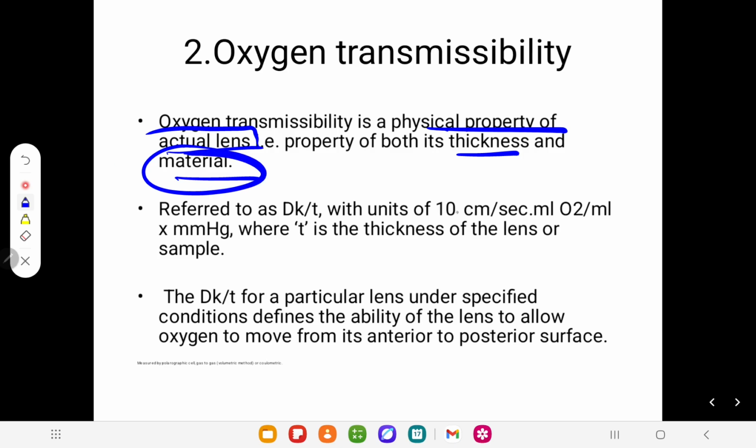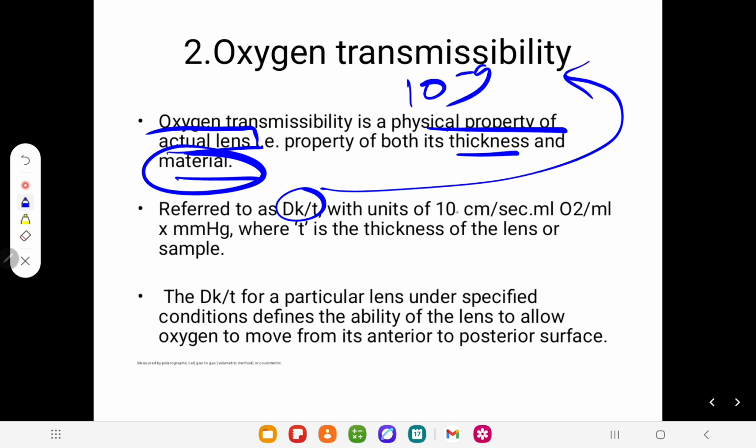The property of the material itself, intrinsic, is oxygen permeability. Whenever you put thickness there, thickness definitely hinders the oxygen passage. That's why we divide by t, referred to as Dk by t. Dk by t means oxygen transmissibility, which is 10 to the power minus 9. Remember it. The unit is centimeters per second.